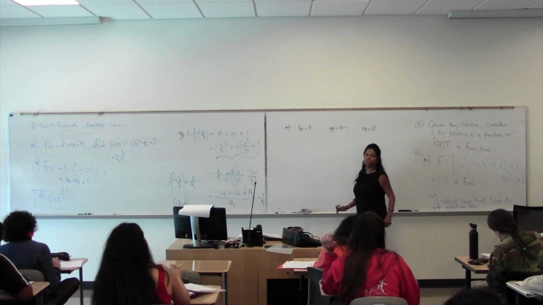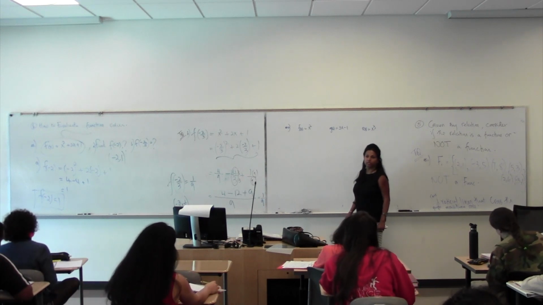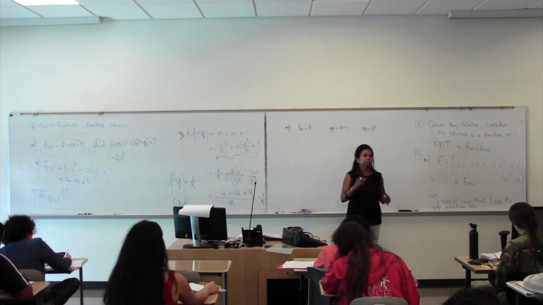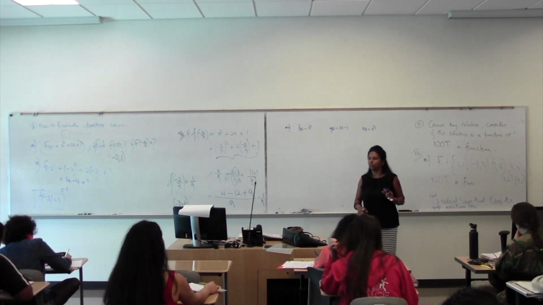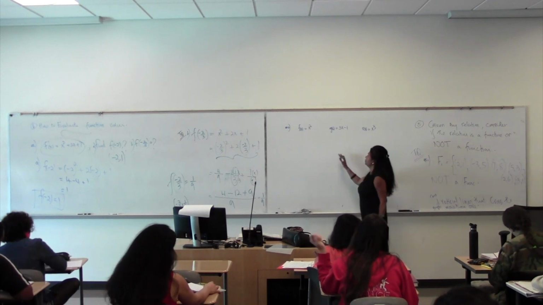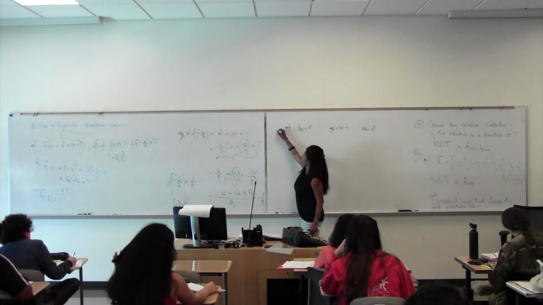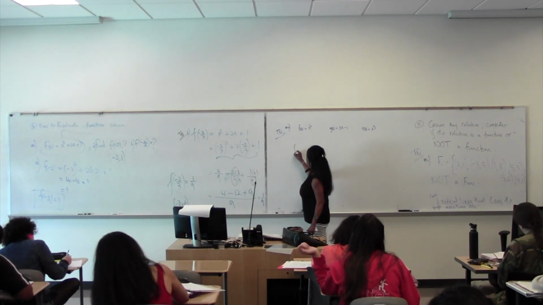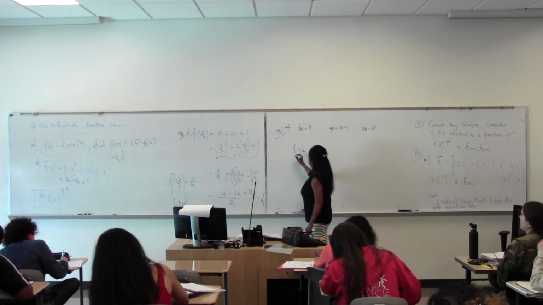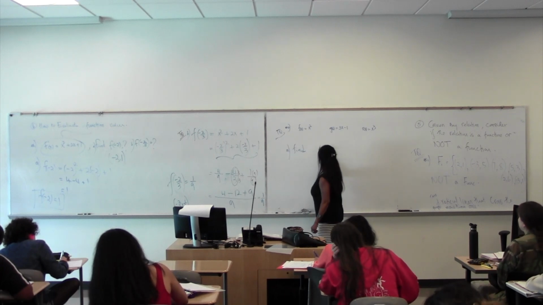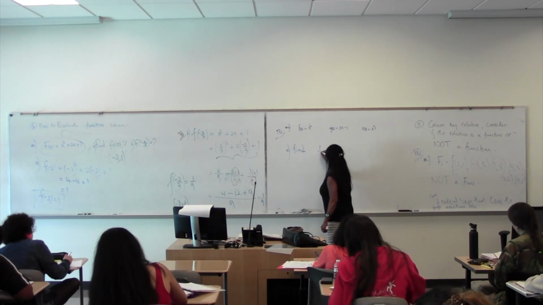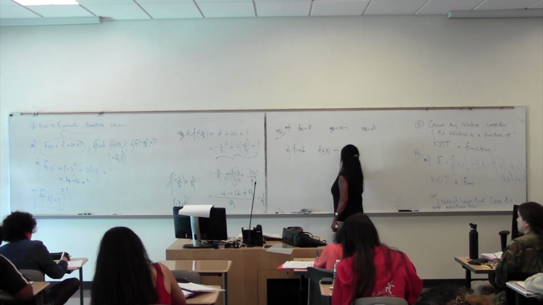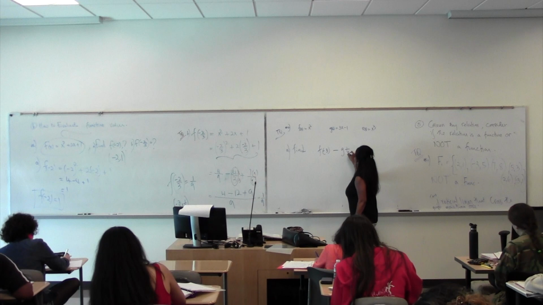These are 3 different functions. Later on we are going to learn how to add, subtract and do some algebra with the functions. But for this class, this is also a test question. I can say find or evaluate. This is part A: evaluate f of negative 3 minus g of 1/4.